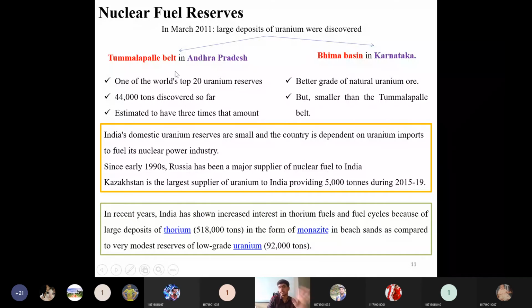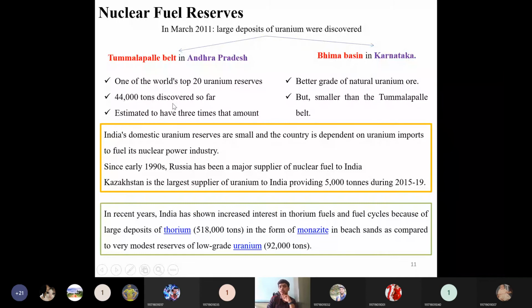Compared to the Tummalapalli belt, the Bhima basin has a high grade reserve, but the quantity is very limited. The quantity is very high in the Tummalapalli belt, while the quantity of nuclear material is very low in the Karnataka Bhima basin.